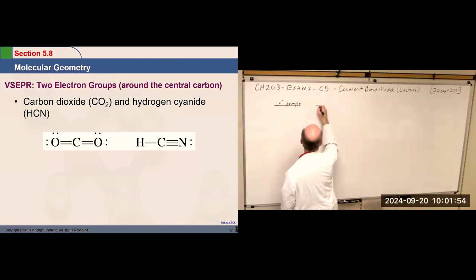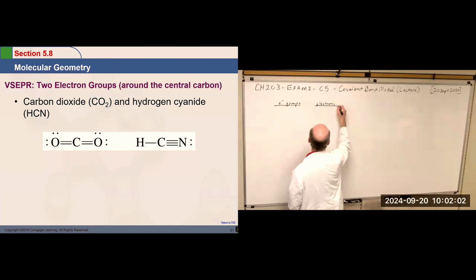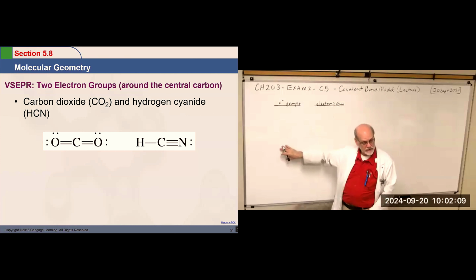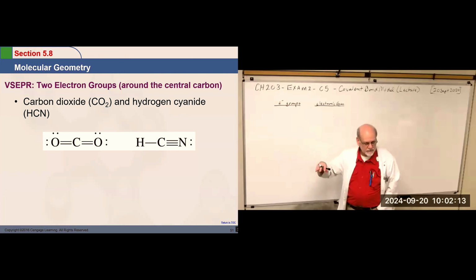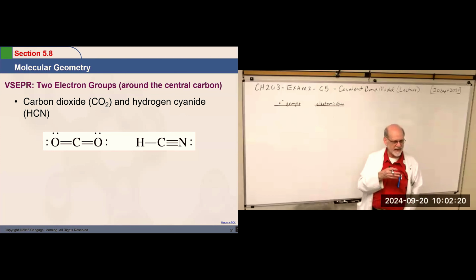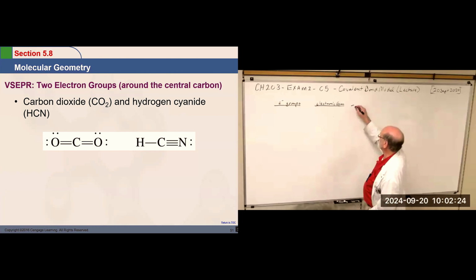And in this one, we're going to have electronic geometry. So our electronic geometry in ammonia was tetrahedral. But if you actually look at the molecule, you're not going to see the lone pair of electrons. You're just going to see the atoms. So what does that lead to in terms of the molecular geometry?